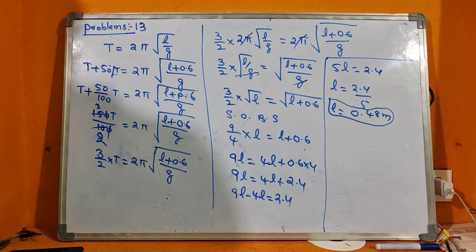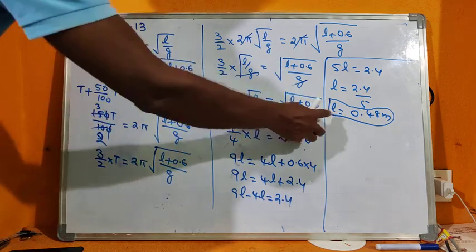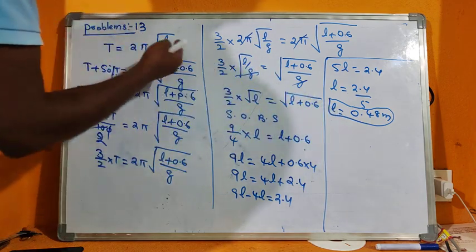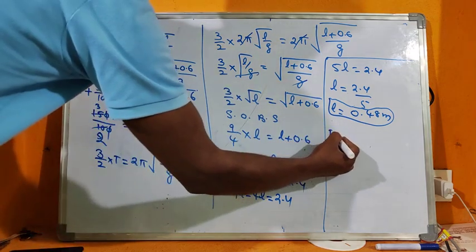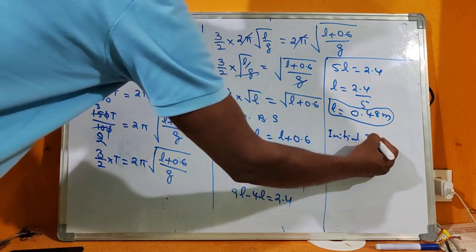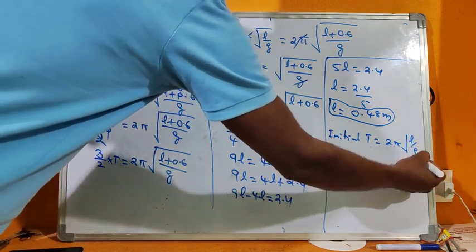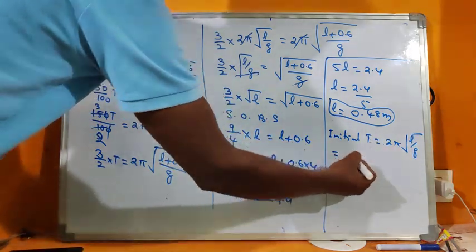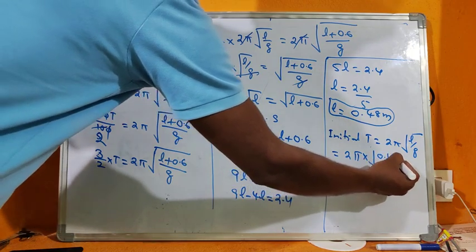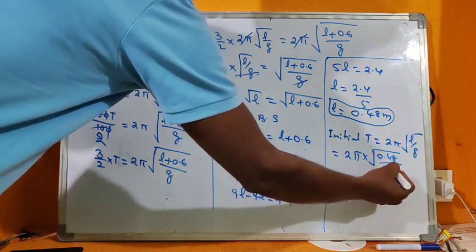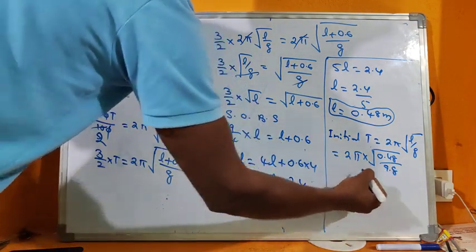Now what about the time period? We got the initial length, so we substitute it here to get the initial time period. The initial time period is equal to 2 pi under the root of L by g, that is 2 pi under the root of 0.48 by 9.8, where g is 9.8 as mentioned.